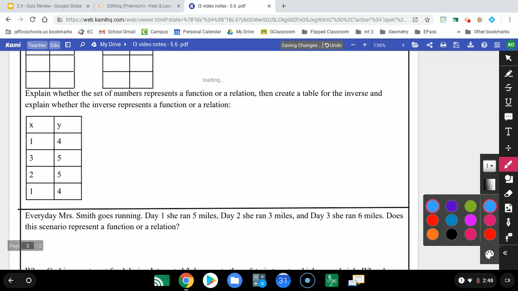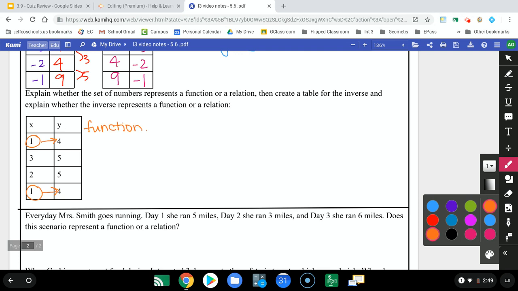So here's our next problem. Explain whether the set of numbers represents a function or relation, then create a table for the inverse and explain whether the inverse represents a function or relation. Okay, so looking at our first one, do we have a function or a relation? I'm looking at my x's and I see 2 1s and they both map to a 4. So what this is telling me is it's a function.